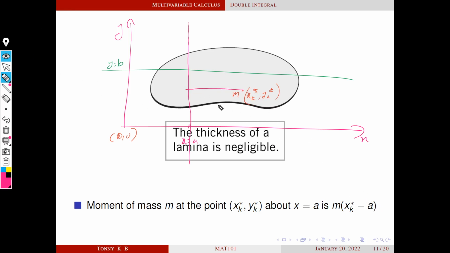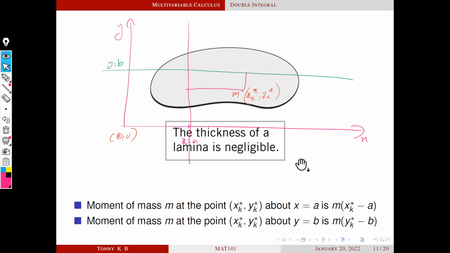Similarly, you can define the moment about y equal to b, almost the same formula, that is m times (y_k star minus b).